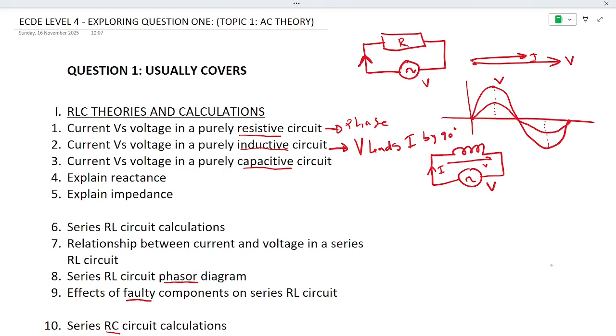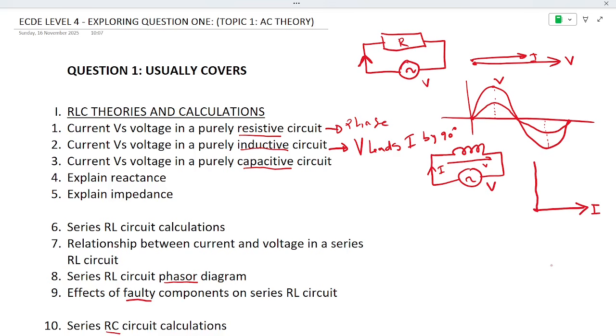So that's what happens. If you have to draw the phasor diagram, as I said, it's a representation of voltage through vectors. We're going to have the current represented horizontally, and our voltage. Leading means it's pointing up. That's what leading is.